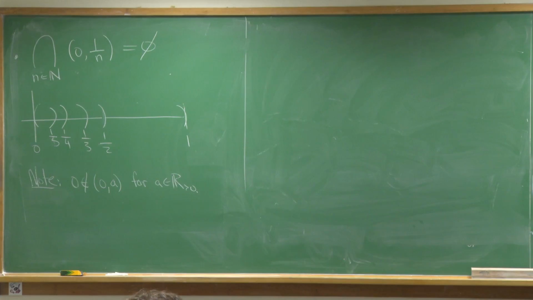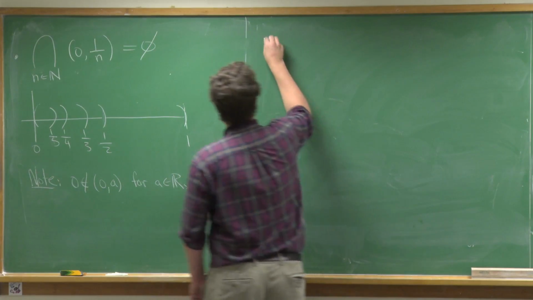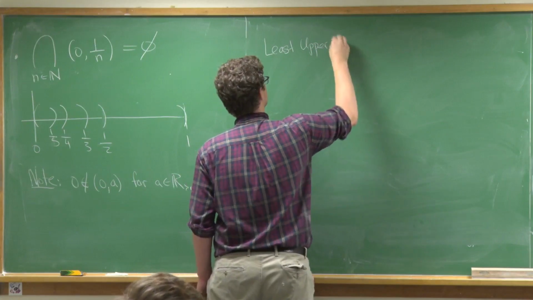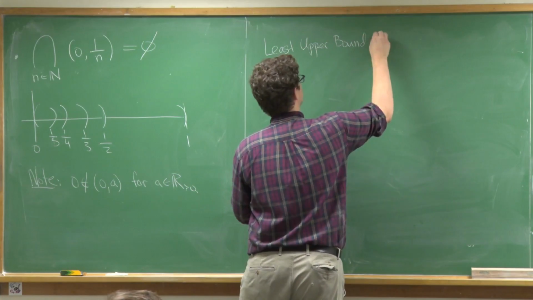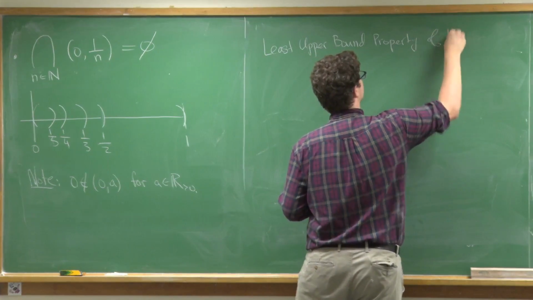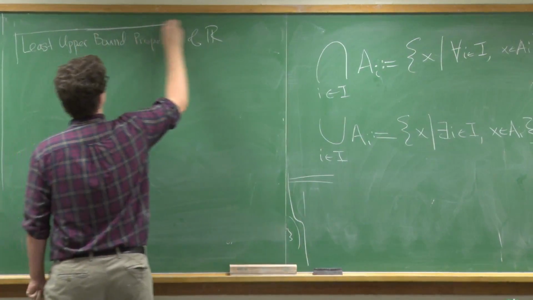Here we go. Okay, so I want to talk about the least upper bound property of the real numbers. We haven't really talked about what the real numbers really are.